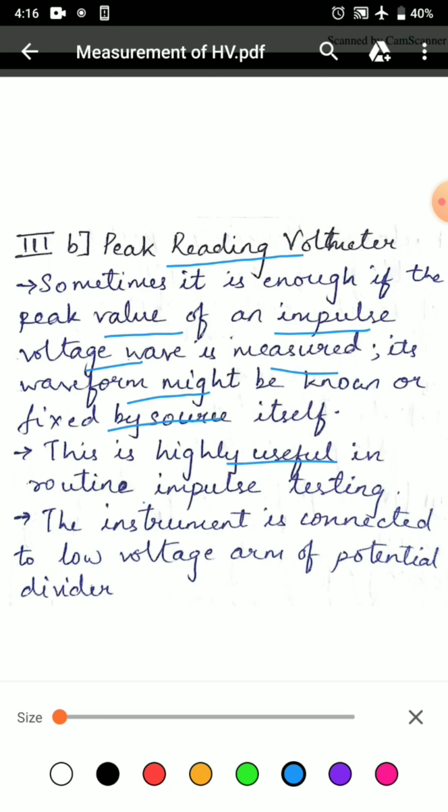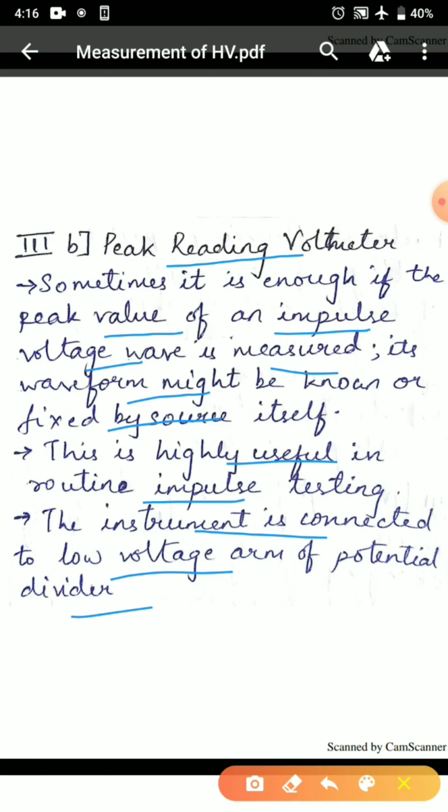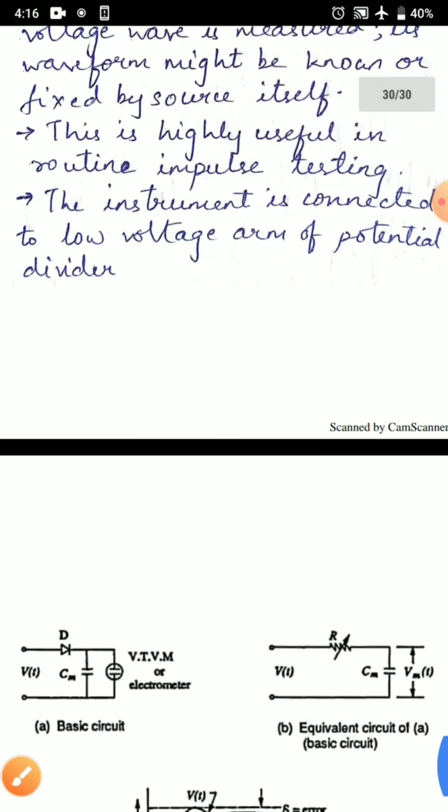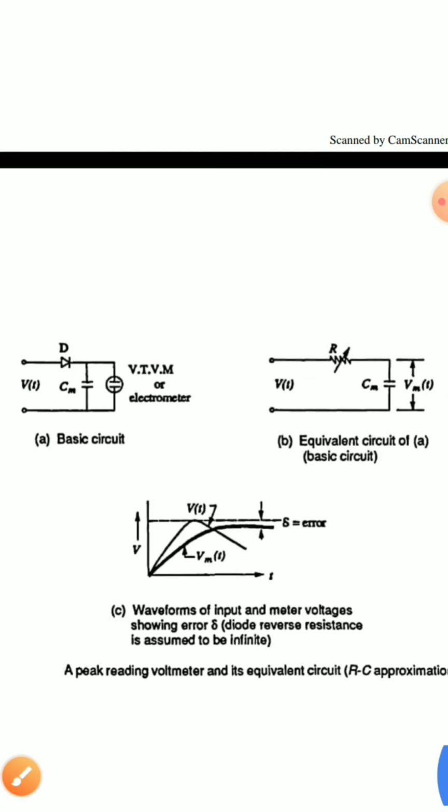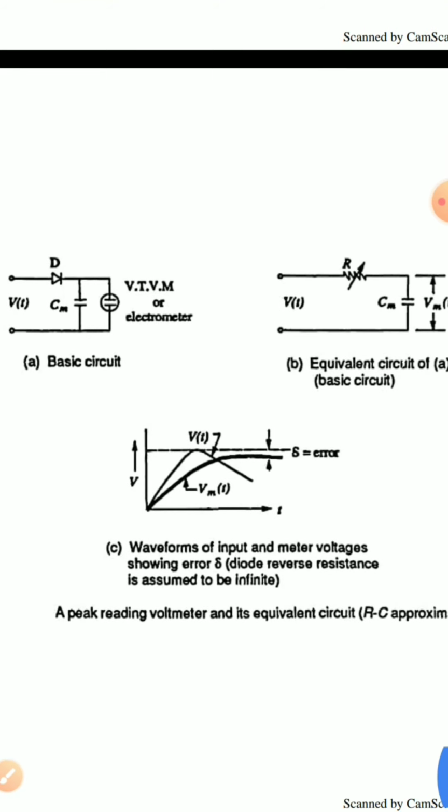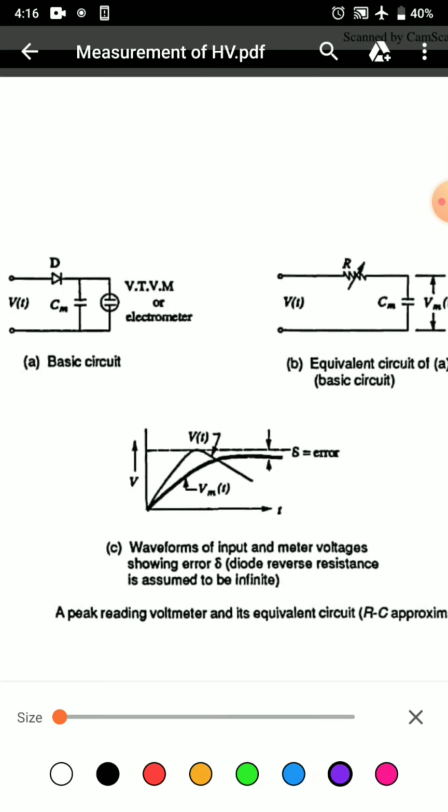This is highly useful in routine impulse testing. The instrument is connected to the low voltage arm of the potential divider. The basic circuit of the peak reading voltmeter is shown.